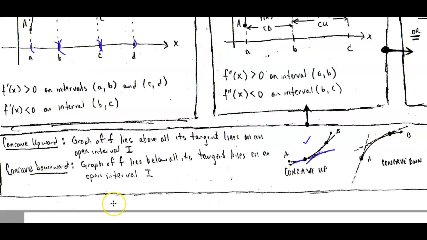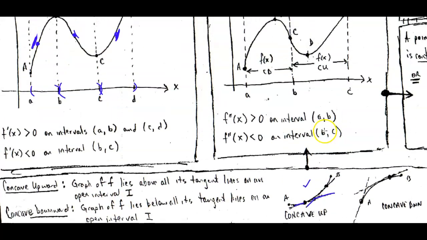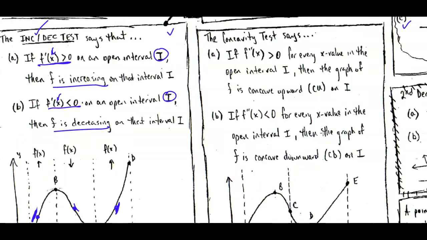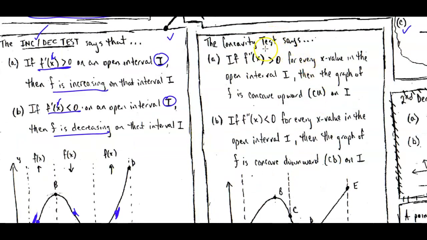All right, so now that we have a clear definition of what concave up and what concave down is, we're going to go ahead and move on and start to talk about this whole concept of a concavity test. Okay, and so I'll scroll down and let you see the rest of it later here.